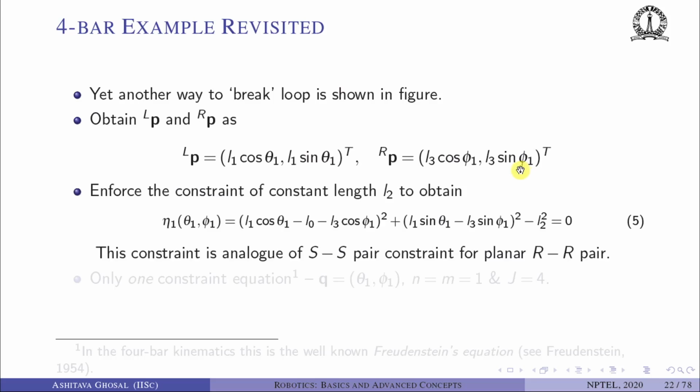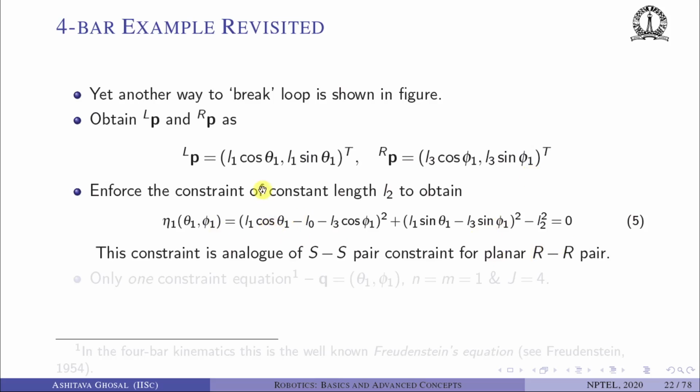We want to enforce that the link length 2 is always constant. So the constraint is this x minus this x, squared, plus this y minus this y, squared, is equal to L2 squared, which is what is written here.